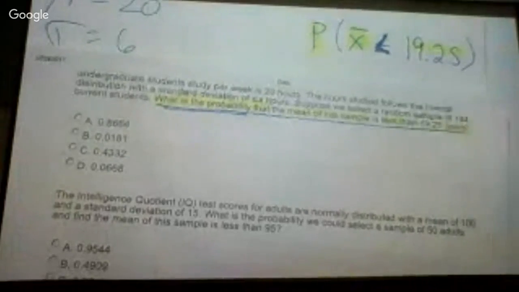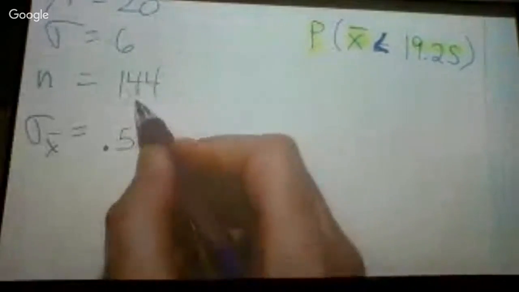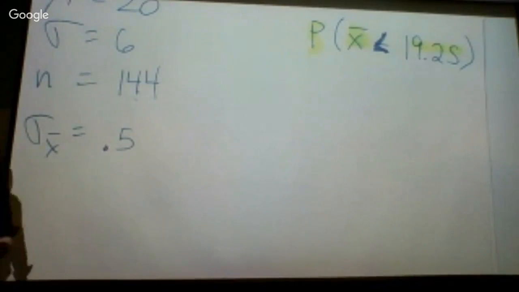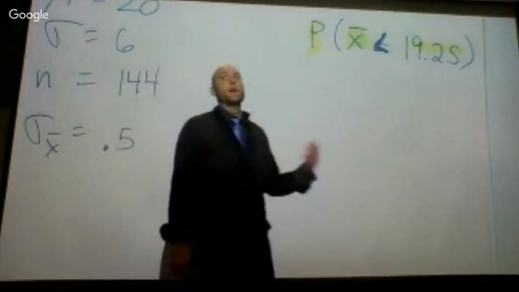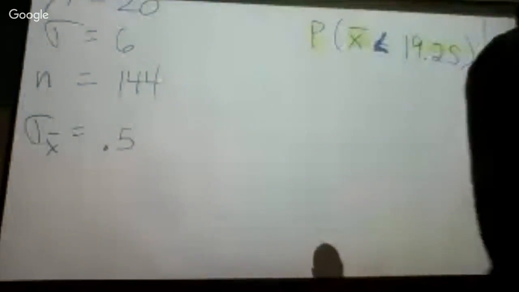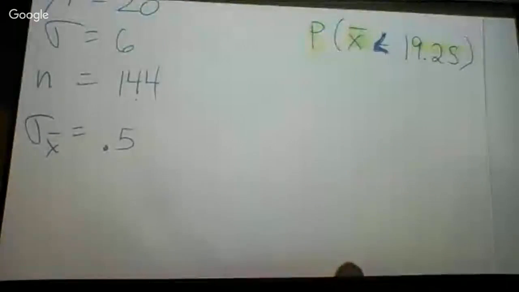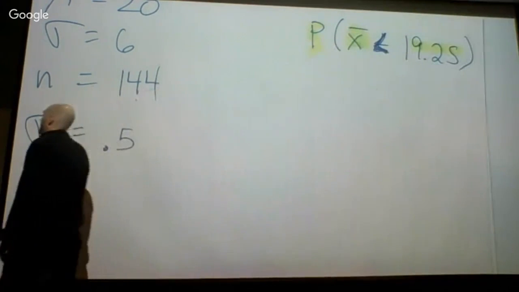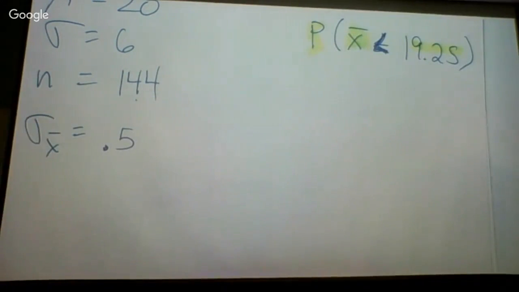The population is normal, but I couldn't care less because I've got a big sample size. Raw, Z, area, proportion, probability, or percent. As long as the first thing we do is calculate the standard error. And what's our standard error here again, John? 0.5. So we're just running the same thing we did before.